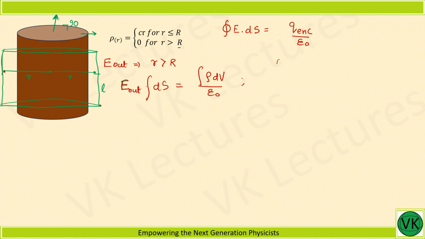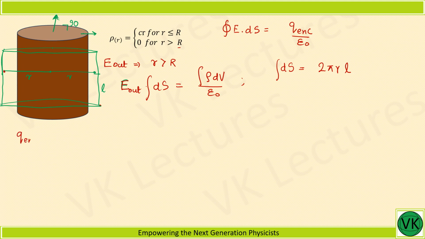From here, integral ds is the surface area of the cylinder, which is 2 pi r, the circumference, into L, the length of the cylinder. So the total surface area of the cylinder is 2 pi r L. Now coming to integral rho dv, that is q enclosed.